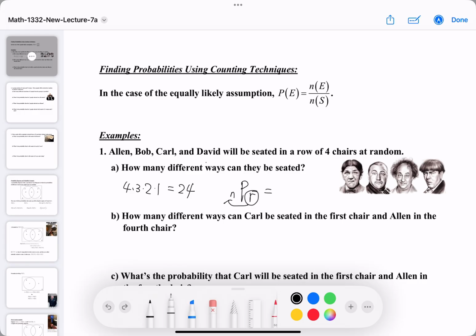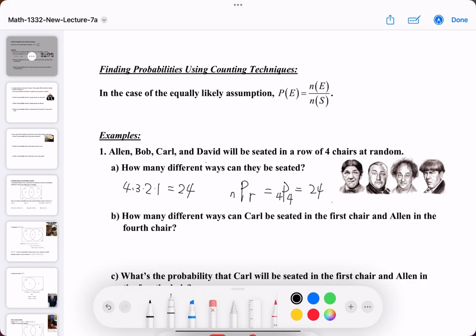That means we select 4 of them: 4P4, and then arrange the order of these 4 people to find the different ways they can be seated. Using the formula, it is 4 factorial divided by (4 minus 4) factorial. The bottom is 0 factorial, which is 1, so we get 4 factorial, which is 24.